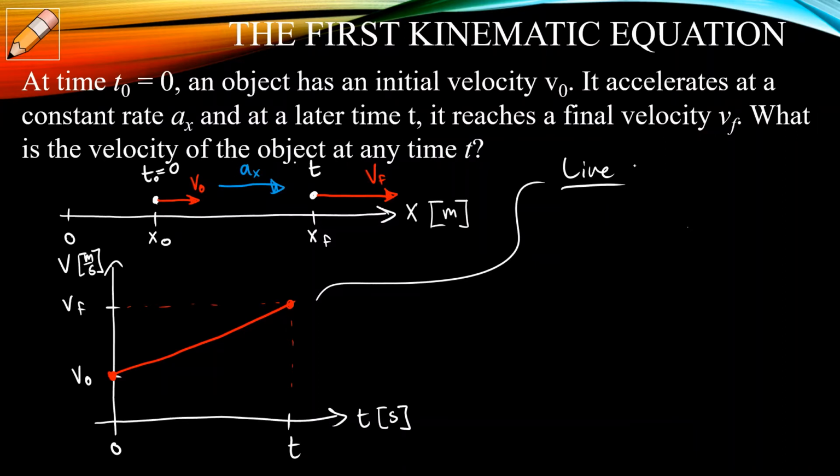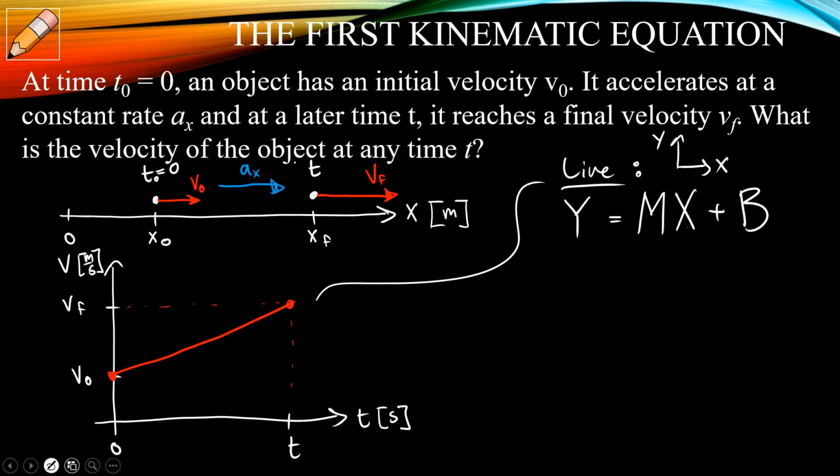And what we know about lines is that, at least if we were in a math class, we would say that this line has the equation y equals mx plus b, where m is the slope, b is the vertical intercept, and y, usually when you're dealing with these graphs, is the value on the vertical axis, and x is the value on the horizontal axis.